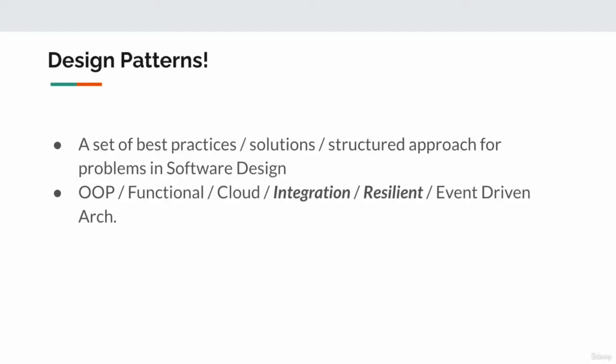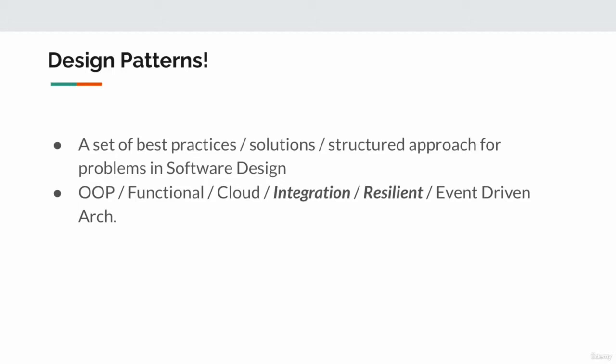So what is design pattern? Design patterns are a set of best practices or repeatable solutions for commonly occurring problems. In object-oriented programming, when we have a set of classes, there are patterns like factory and strategy, etc. For example, factory pattern talks about how to create new objects and strategy pattern talks about how to dynamically change the object behavior.